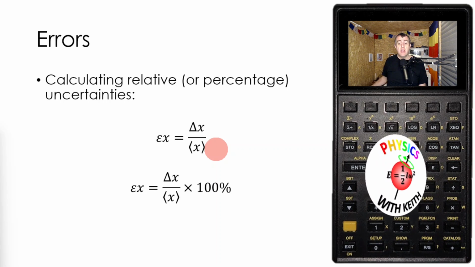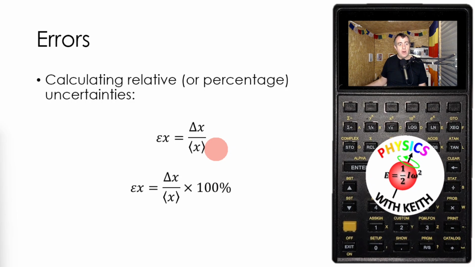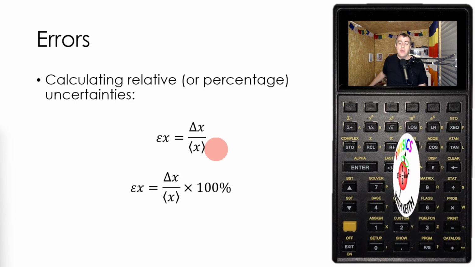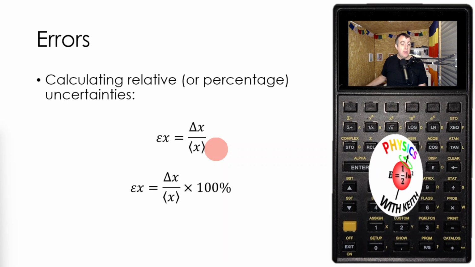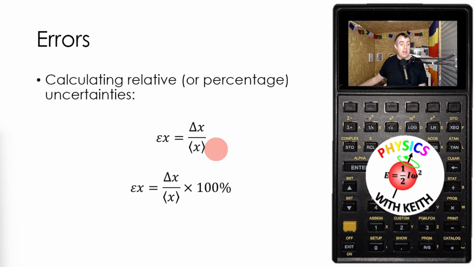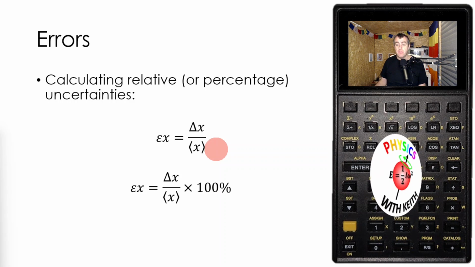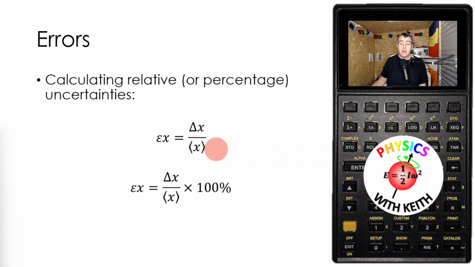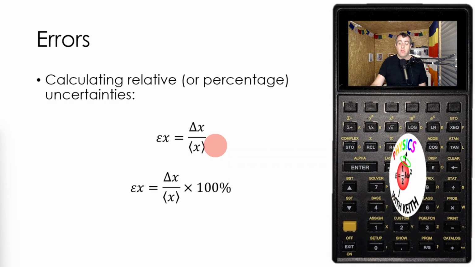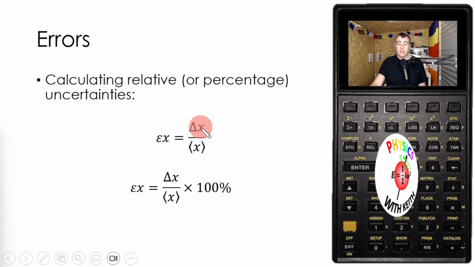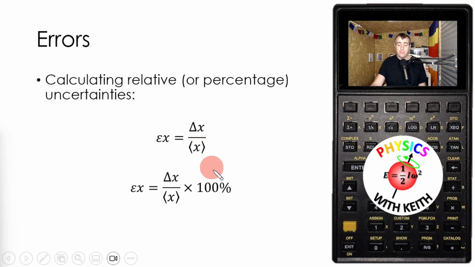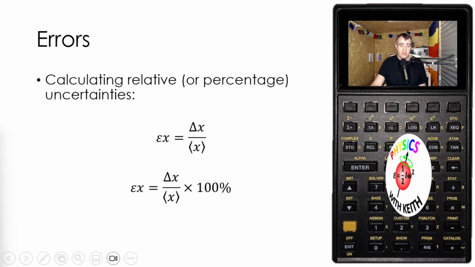But if you have a range of values, like our diameter of the wire example before, then your mean value is going to be adding up all of those values and dividing by how many you've got, the usual way of calculating mean. So to calculate the relative uncertainty, we just do the absolute uncertainty and divide it by the mean. Percentage uncertainty, just as it says here.